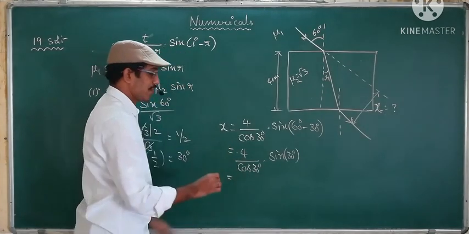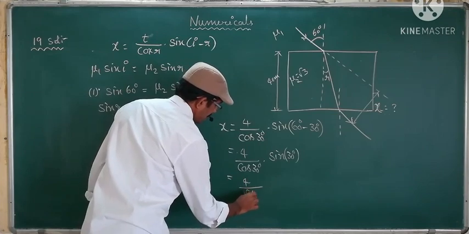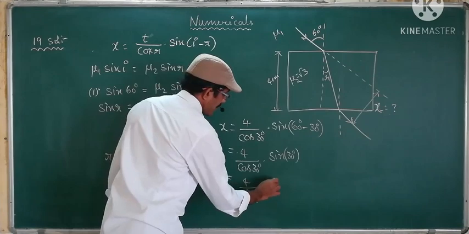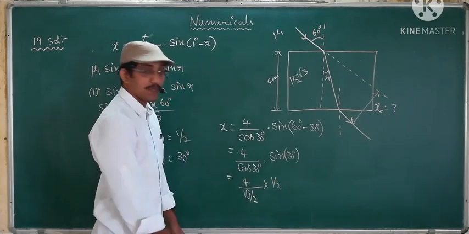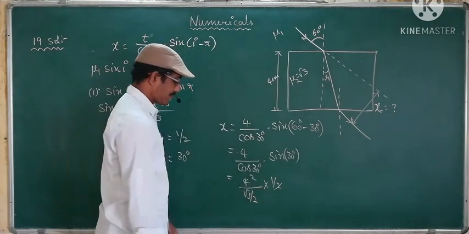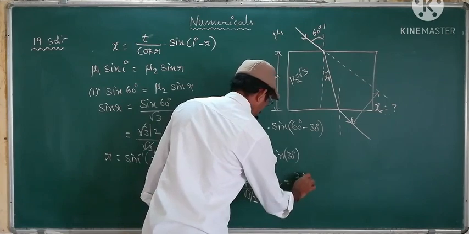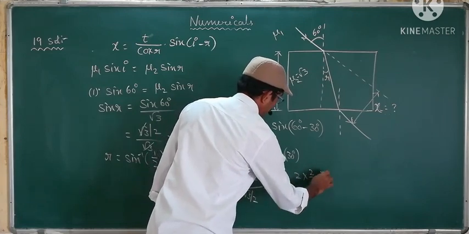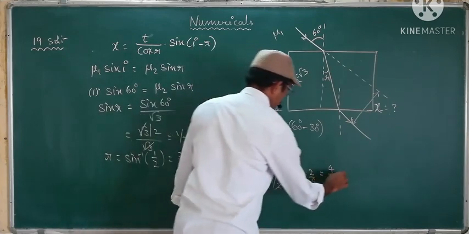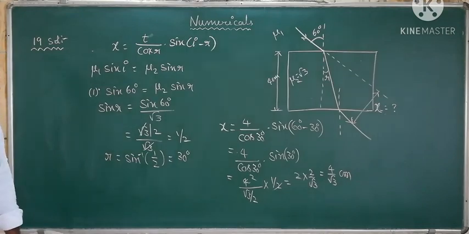Or apply the values individually: 4 divided by the cos 30 value, root 3 by 2, into the sin 30 value, 1 by 2. So the 2 ones are here, 2 2s. This is equal to 2 into 2 by root 3. This is equal to 4 by root 3 centimeters. So the lateral shift here is 4 by root 3 centimeters.